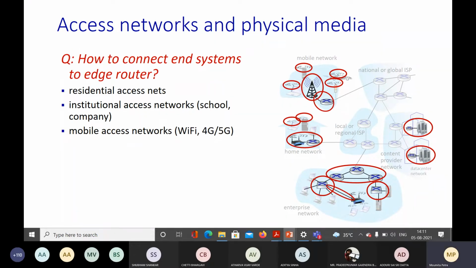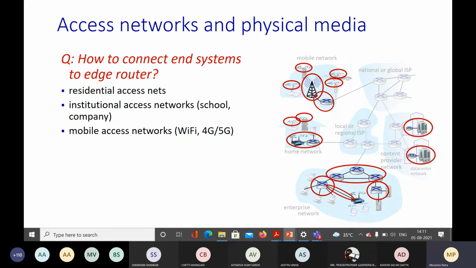There are three kinds of networks that we got to know from the last class, and now we are discussing them again with a different kind of diagram than what I gave in the last class. So you have the residential access network, that is the home network I was talking about.